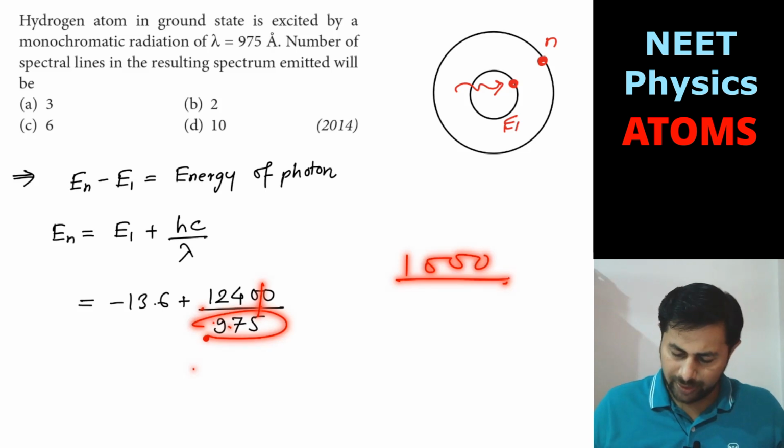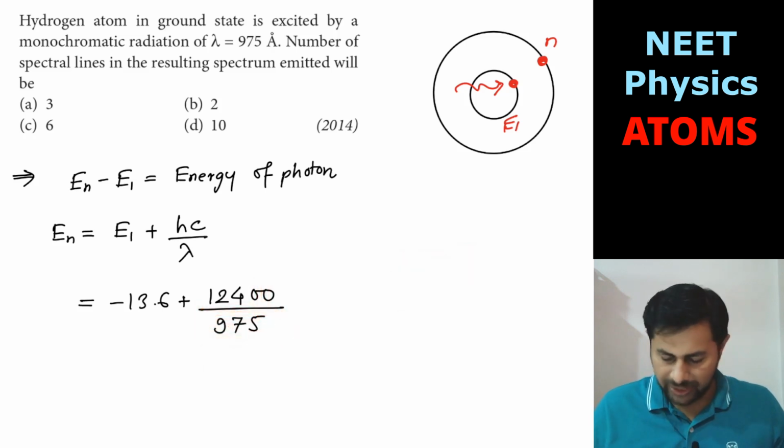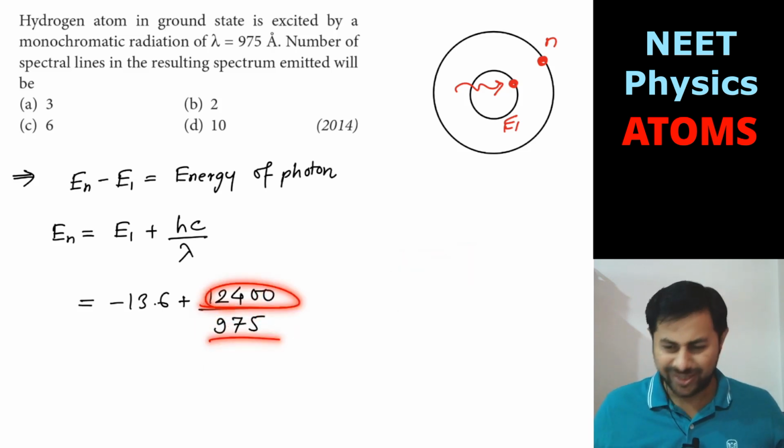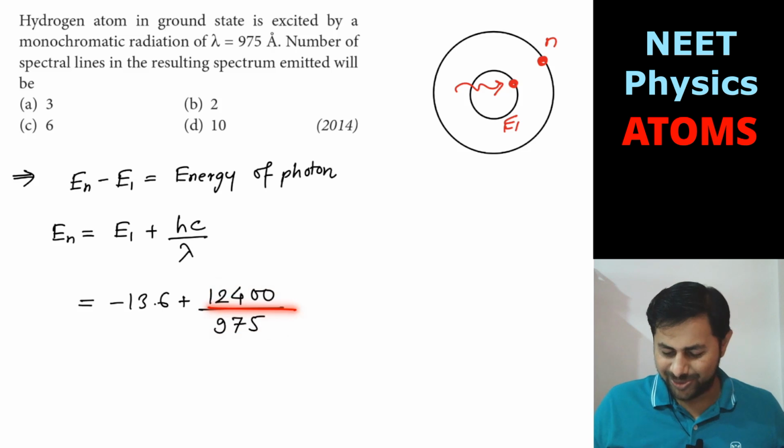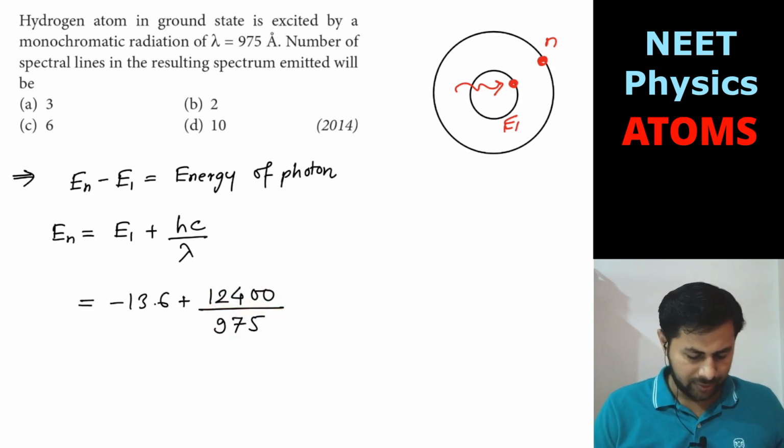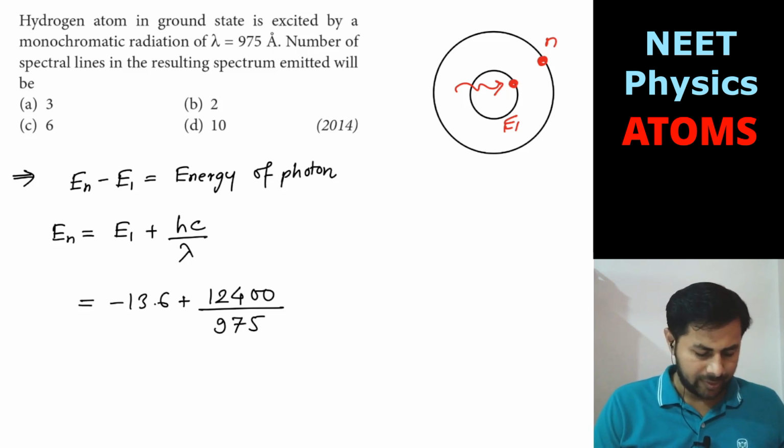So this thing would be equal to what? We need to solve this unfortunately, right? 12400 divided by 975 is 12.71.